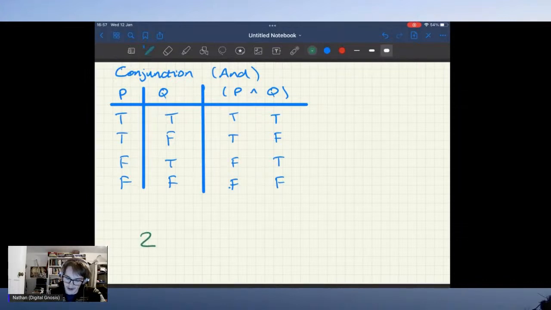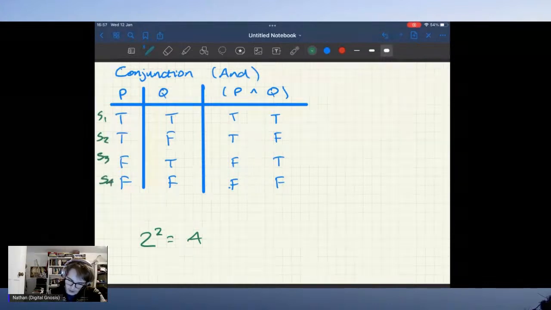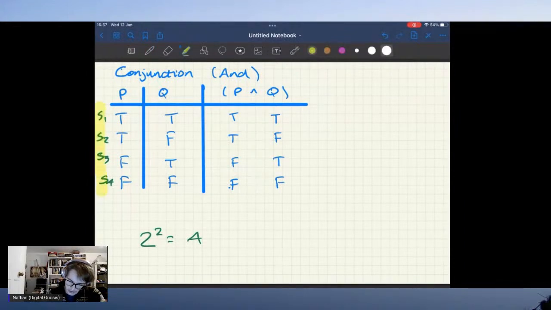So it's 4, and so we need 4 models in order to model the entire possibility space here. And so we've got 4 models which cover everything.